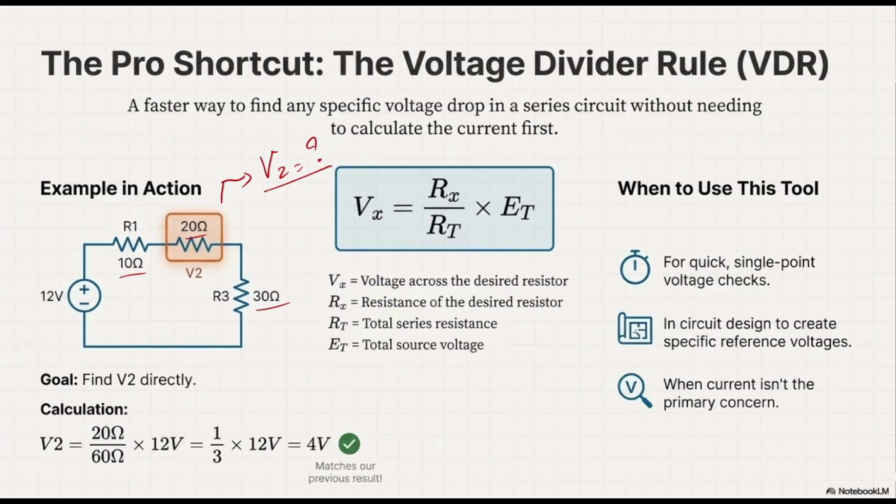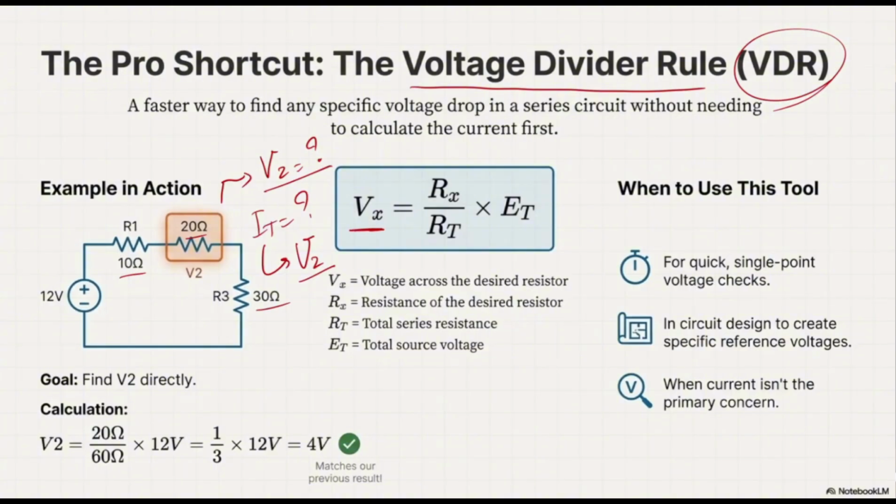What would happen if I can find that specific voltage by using a law or a rule that we call the voltage divider rule, or VDR? What does it say? Instead of just finding the current first, the I total first, and then finding the voltage drop, which is going to be Ri, I'm going to give you a formula that works only in series.